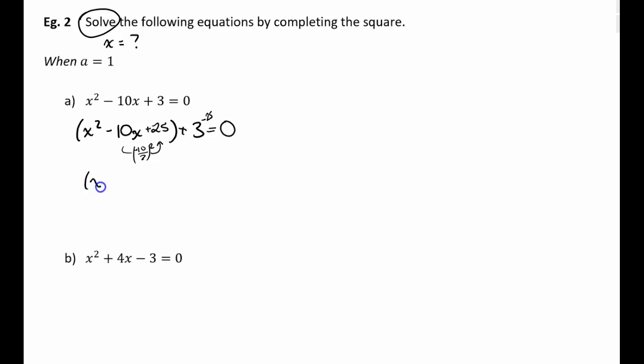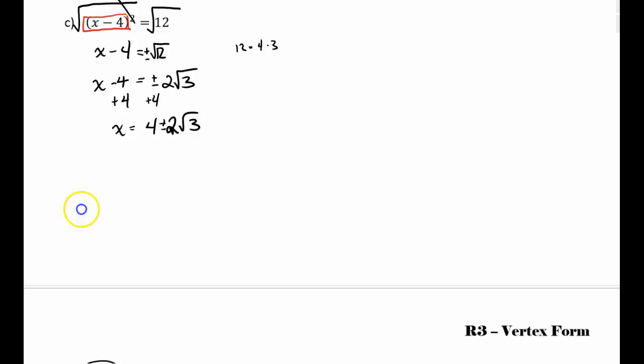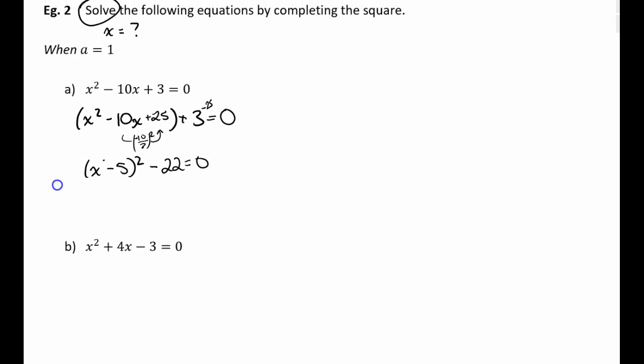So now I've got x minus 5 squared, because I've created a perfect square, minus 22 equals 0. Now I can follow the same steps that I did when I was up here with part C of example 1. So I'm going to solve by, first of all, moving that subtract 22.